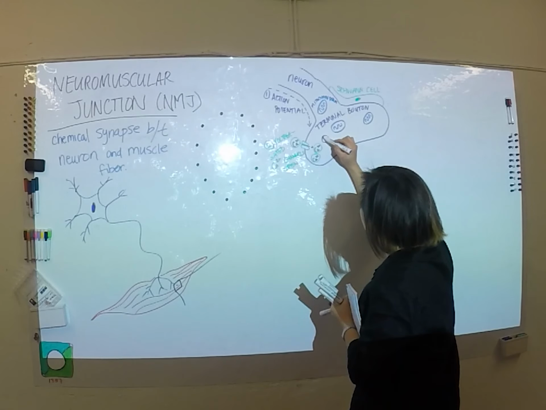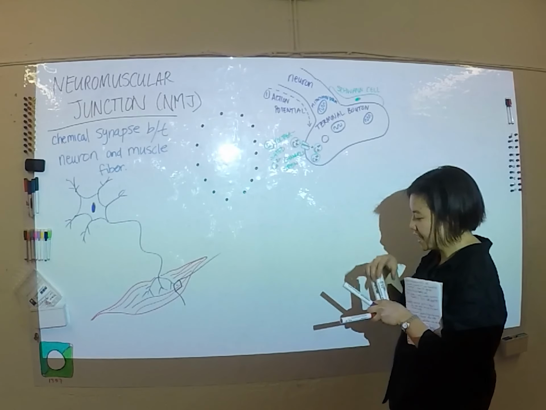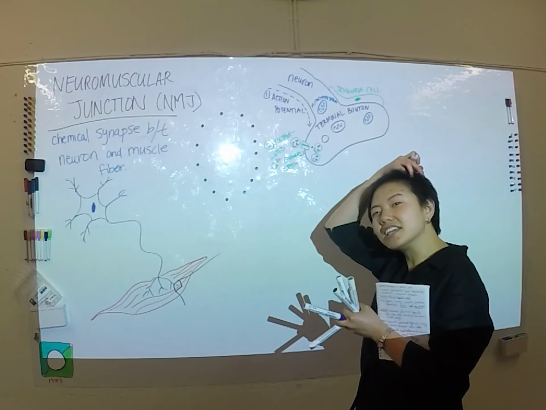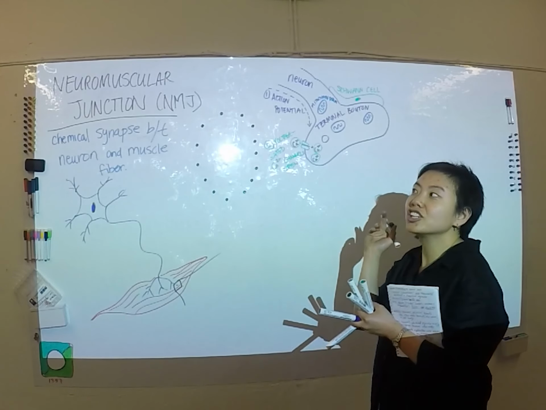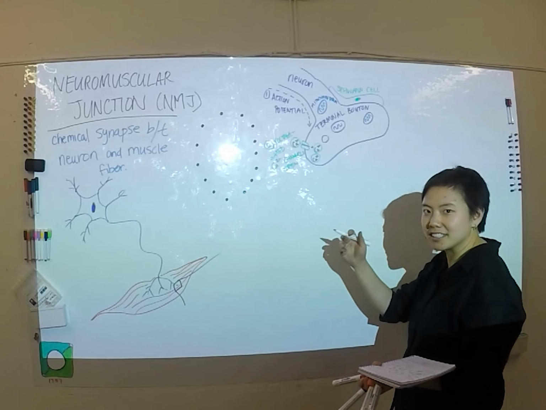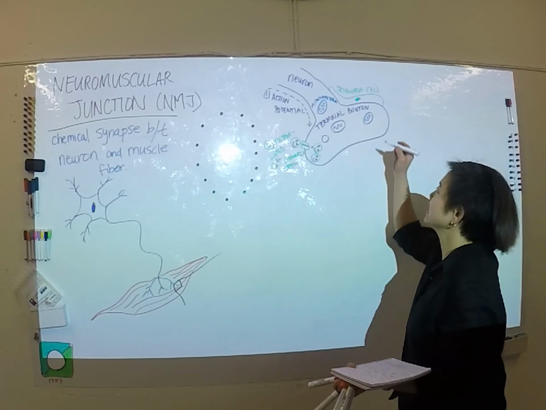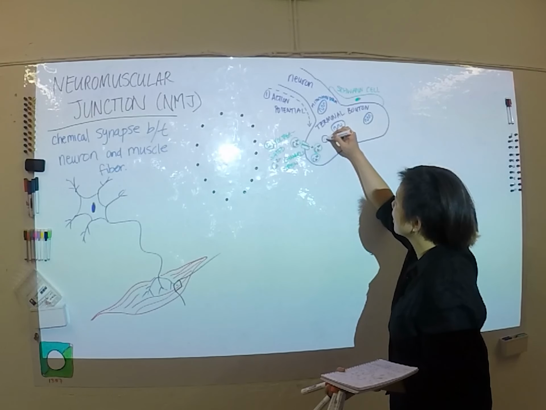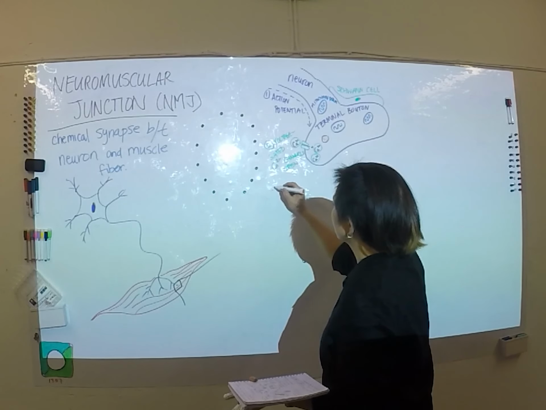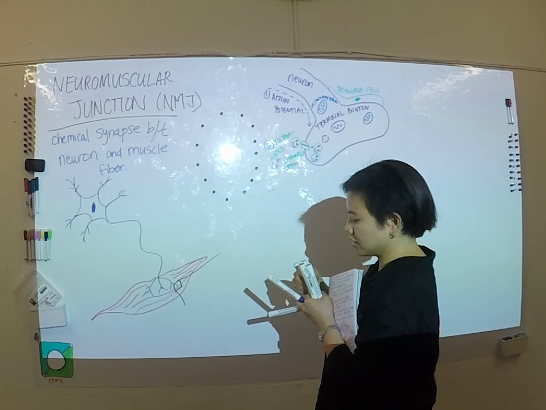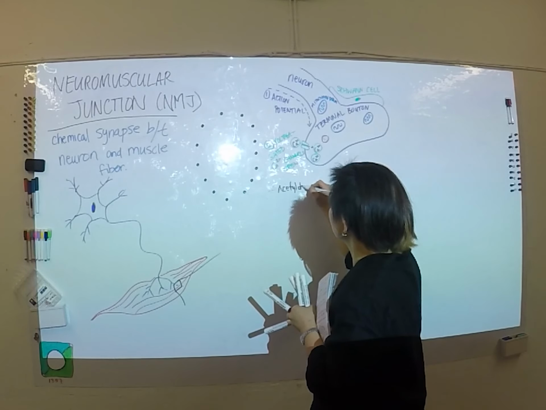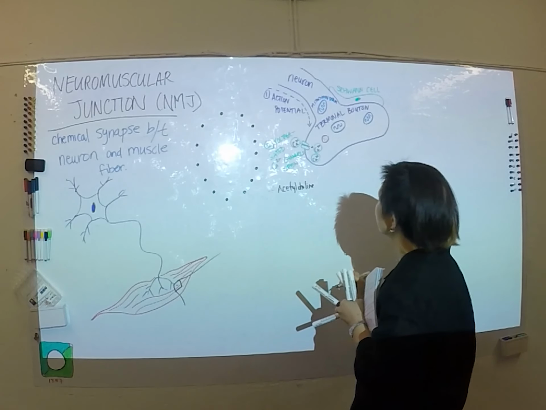Here is our vesicle with some chemical inside of it. Which chemical do we think it's going to be? Which neurotransmitter is used for activating muscles? Acetylcholine, okay? All right, so I'm going to say that the orange dots are acetylcholine, okay?